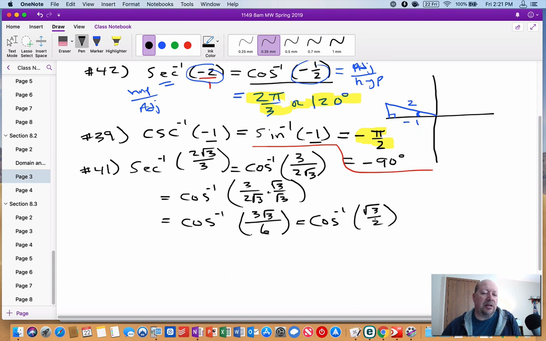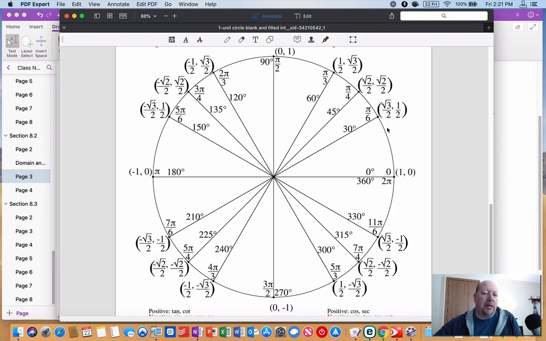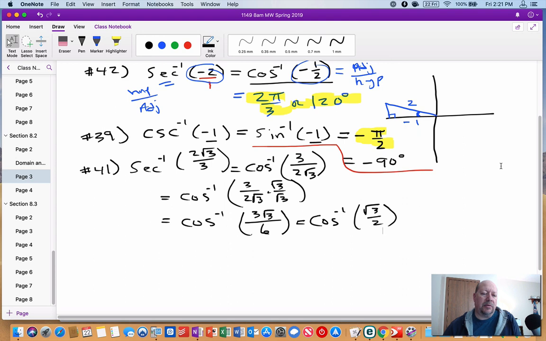Since the cosine is positive, it's going to be in the first quadrant. So we're looking for a cosine of radical 3 over 2. It's right here at 30 degrees or pi over 6. So that's our answer. This is 30 degrees or pi over 6.